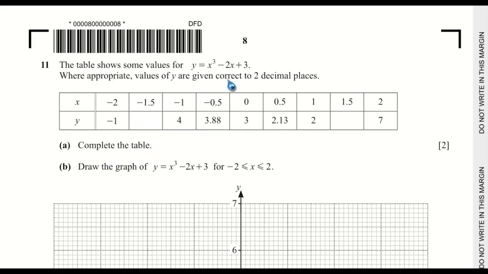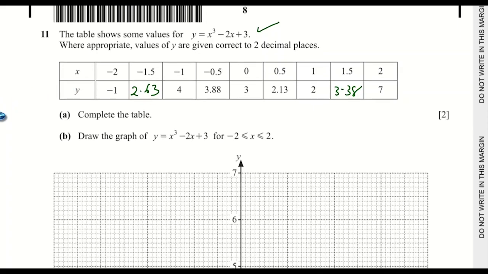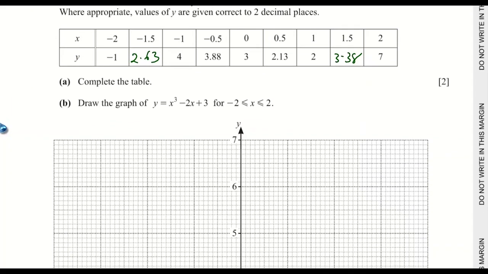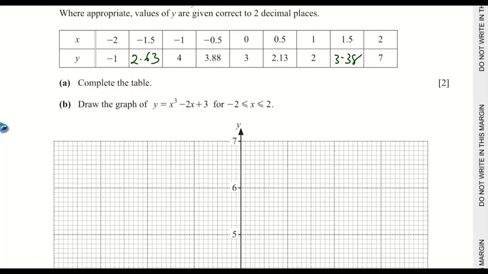If you substitute x equals negative 1.5 into this, you get the value of y to be 2.63, and also substitute x equal to 1.5, so you should get 3.38. So super easy. Then part B, draw the graph of y equals x to the power of 3 minus 2x plus 3 within this given domain.